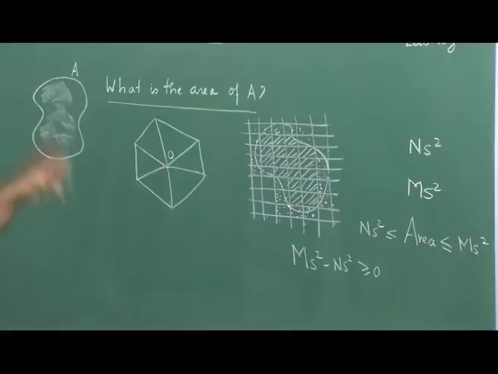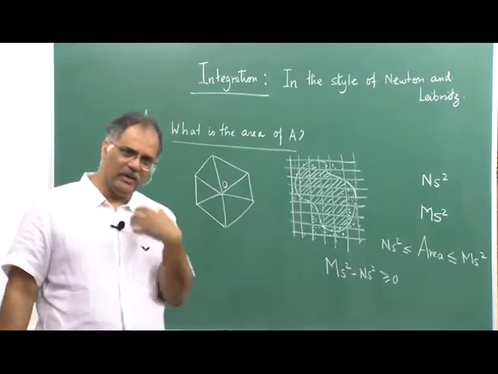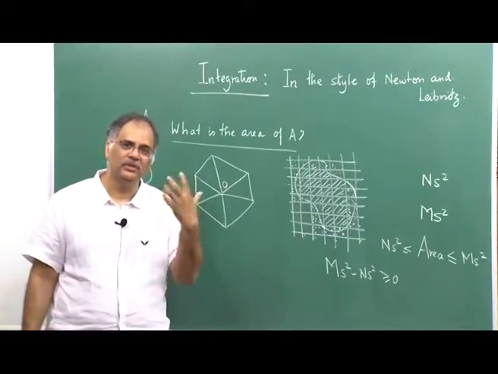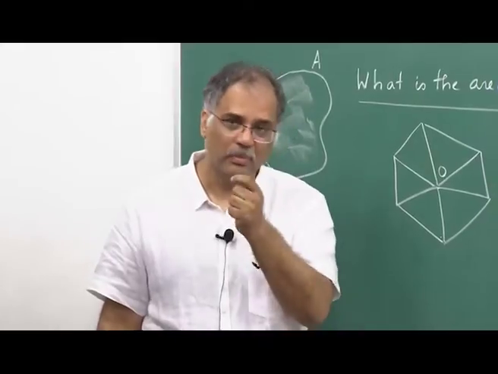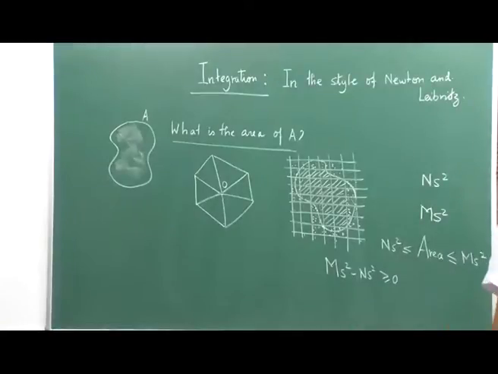By the way, this concept is what Archimedes used to find the area of the circle and hence also the number pi, right. Maybe we can discuss a bit about that if you wish.